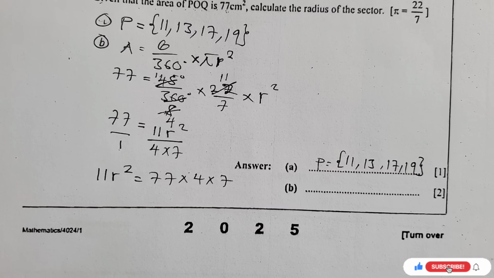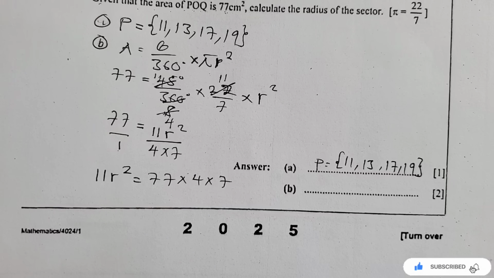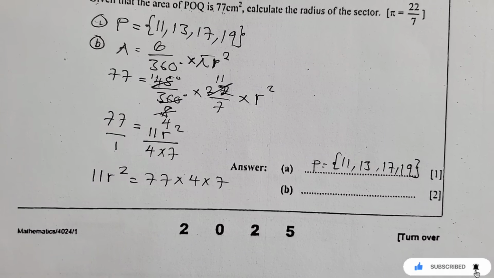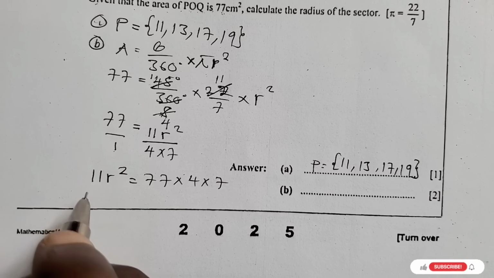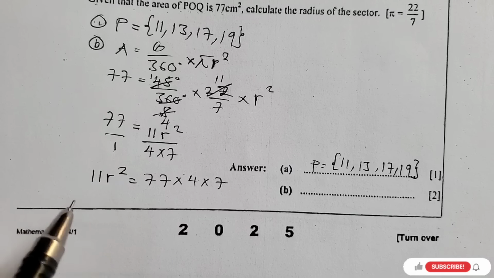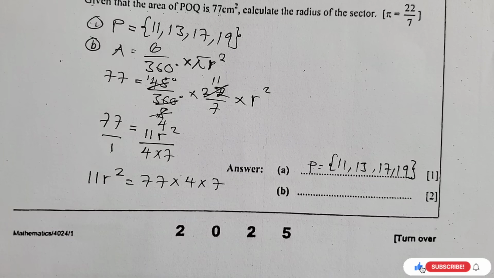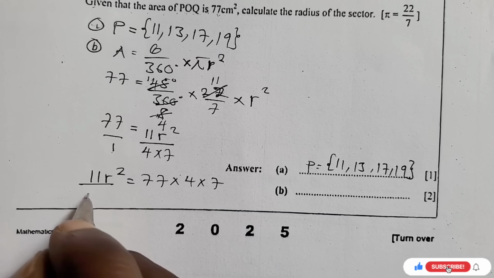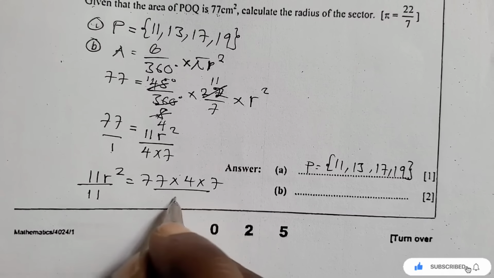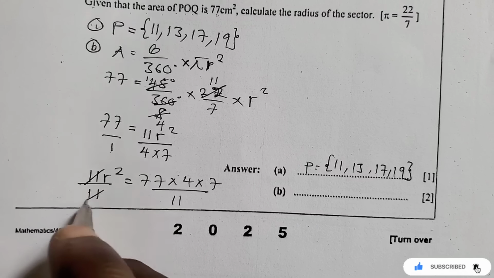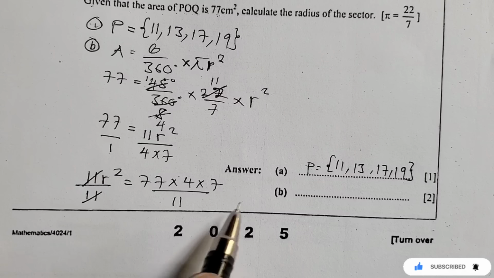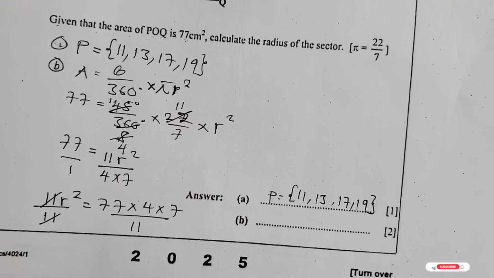Don't multiply, because this question will give you hell if you just multiply, because numbers will be big and you'll be wasting time on a 2-mark question. So divide by 11 on both sides, and this and this will cancel.